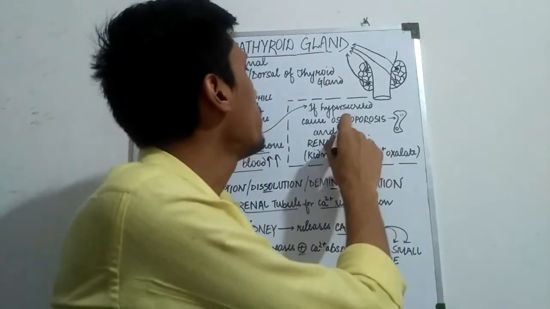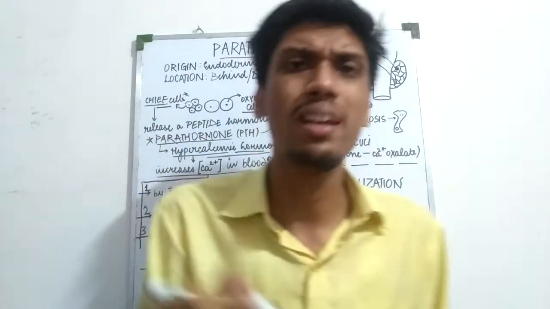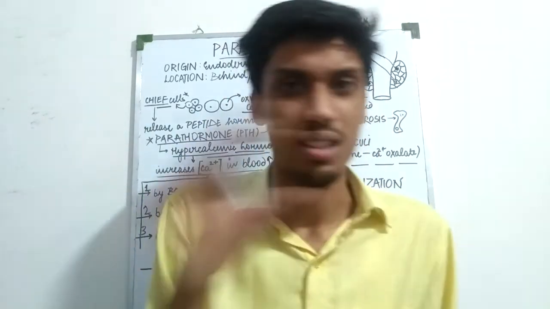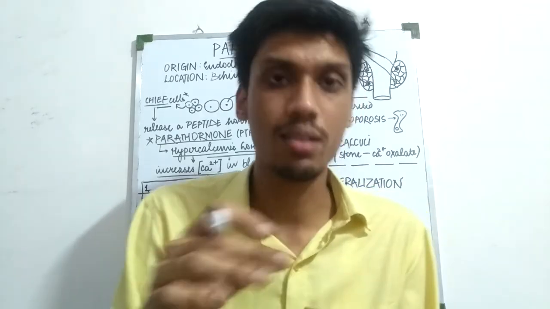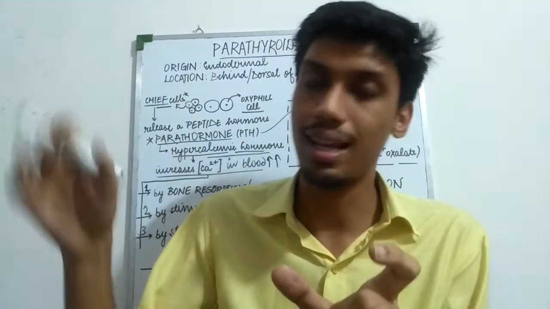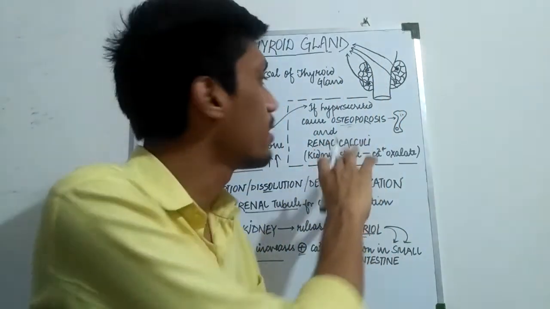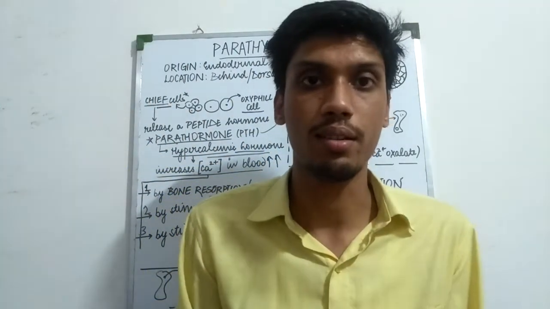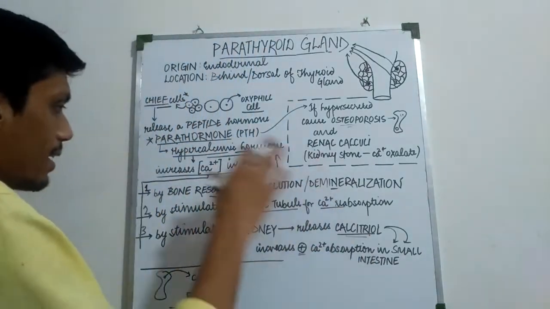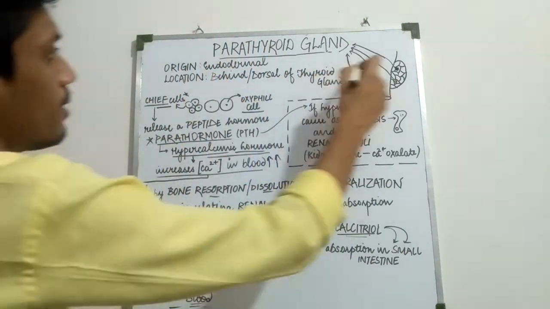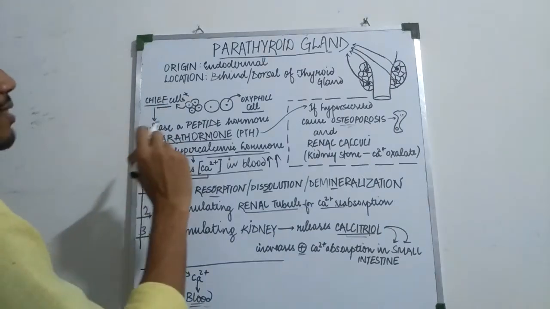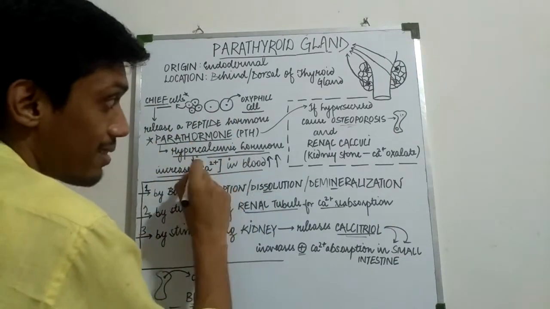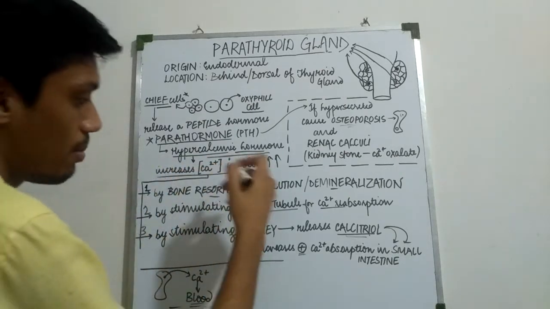One more thing: osteoporosis in females is caused at higher age due to estrogen abnormalities. Estrogen abnormalities can be another cause, but here we are concerned with the hypersecretion of parathyroid hormone, which leads to osteoporosis. So this was the entire thing. Location, chief cells, peptide hormone, endodermal in origin, parathyroid hormone, a hypercalcemic hormone that increases the calcium level in blood.